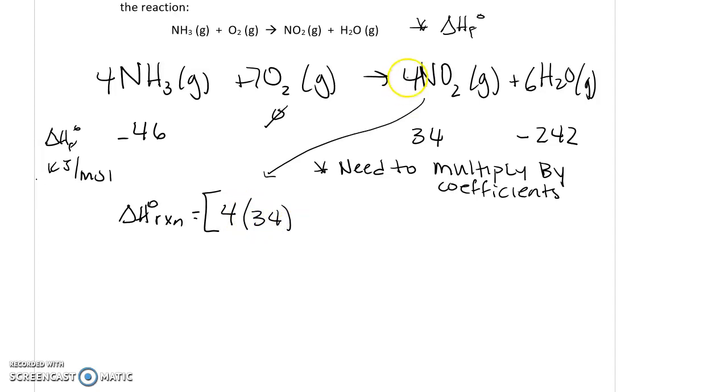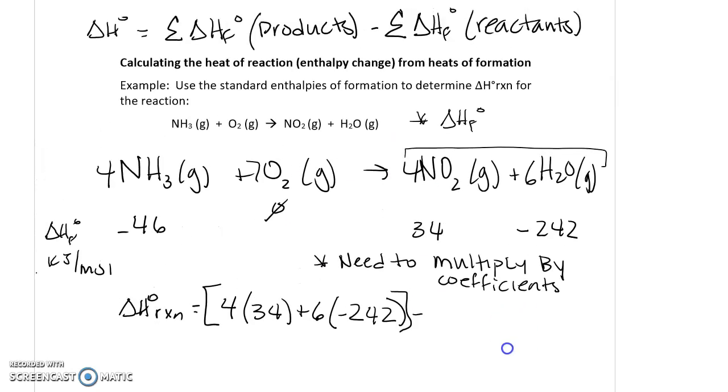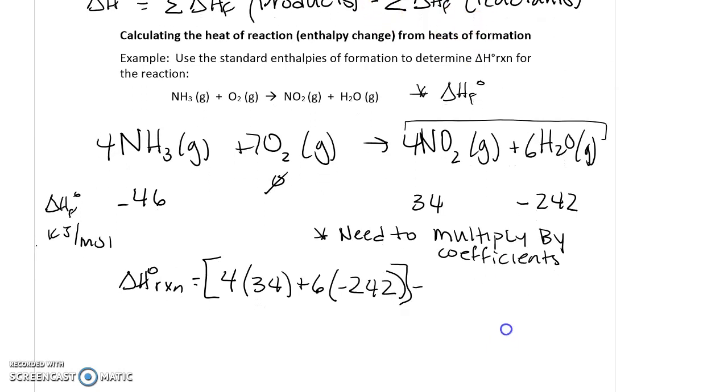Now for the next product, I have 6 waters. So then I'm going to add 6 times minus 242, and then close that bracket. Now we've finished the products, so let's take a look at the reactants. The formula is minus the sum of our standard heats of formation.